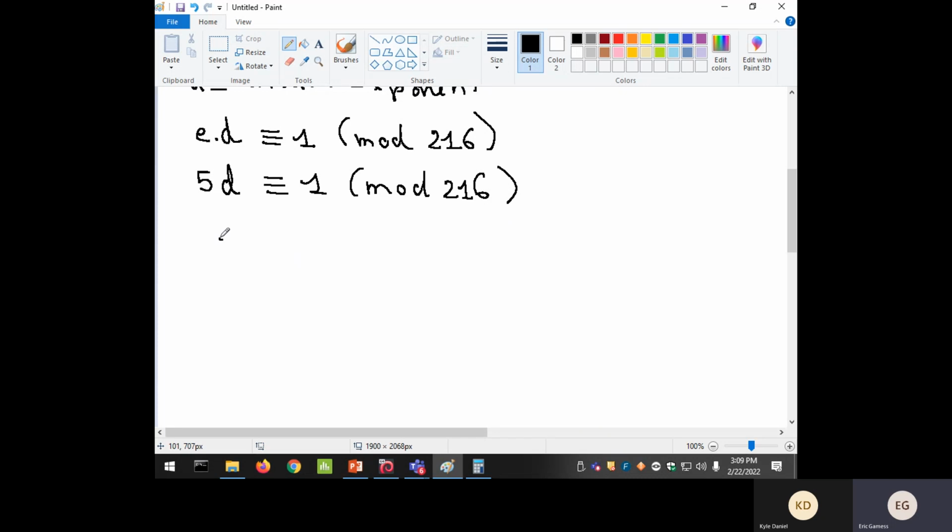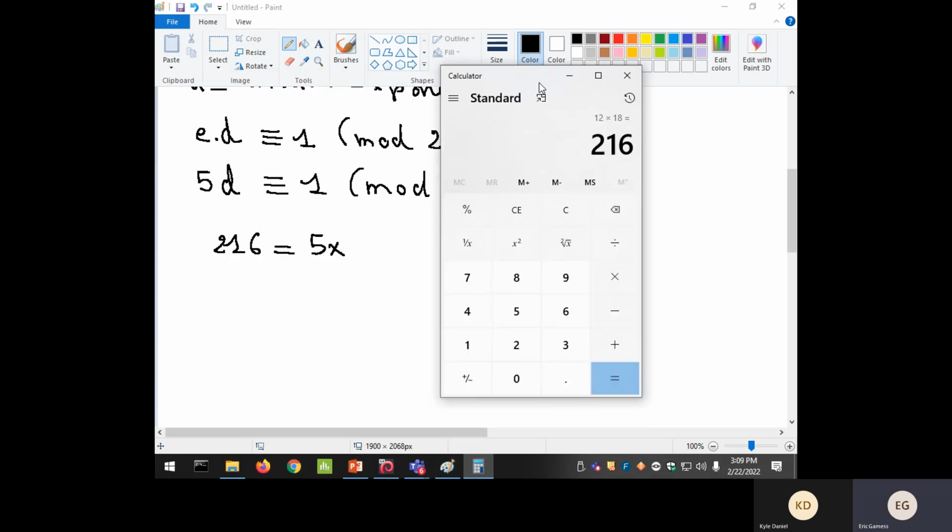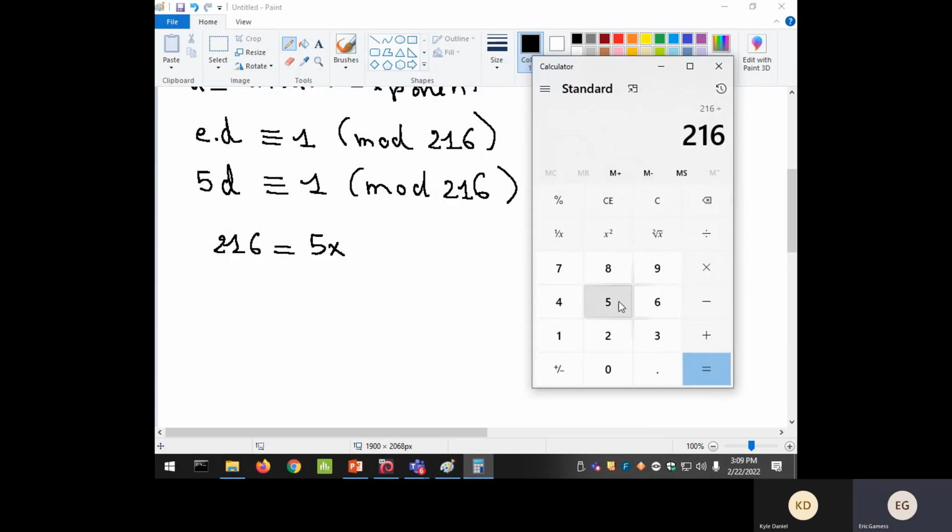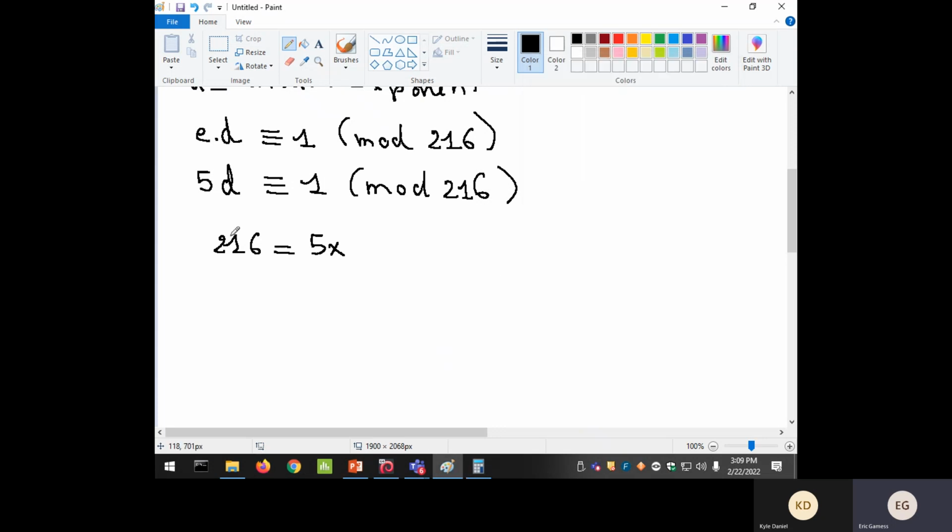So we can try to express 216 in function of 5. So 216 will be 5 times something. Okay, let's see. 216 divided by 5 will be 43. So it's 5 times 43. And 5 times 43 will be 215 plus 1.